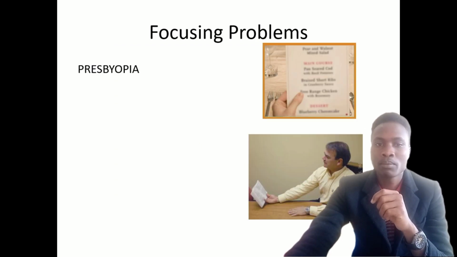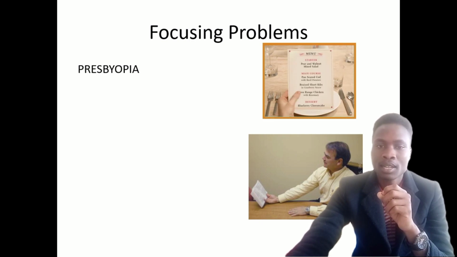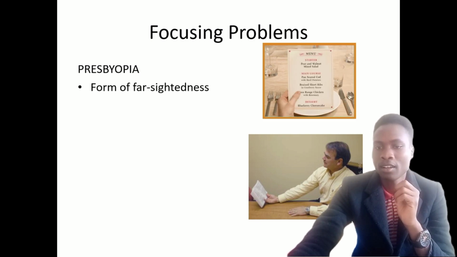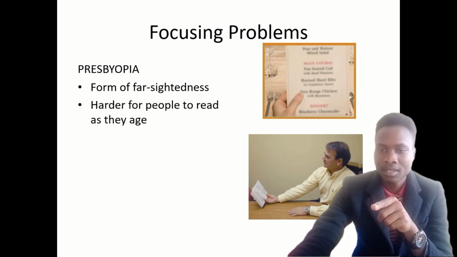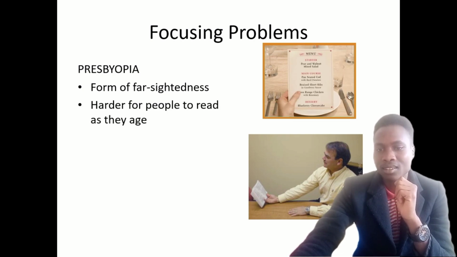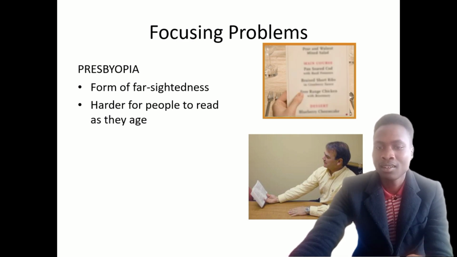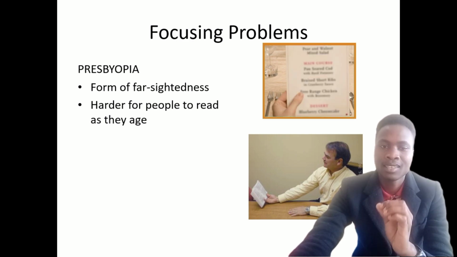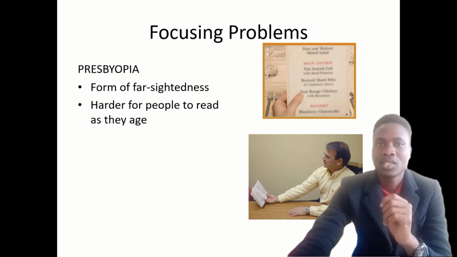Another focusing problem we have is presbyopia, which is a form of farsightedness. As you can see, that person holding a book needs to hold it far away so that he can read it clearly. It is harder for people to read as they age.